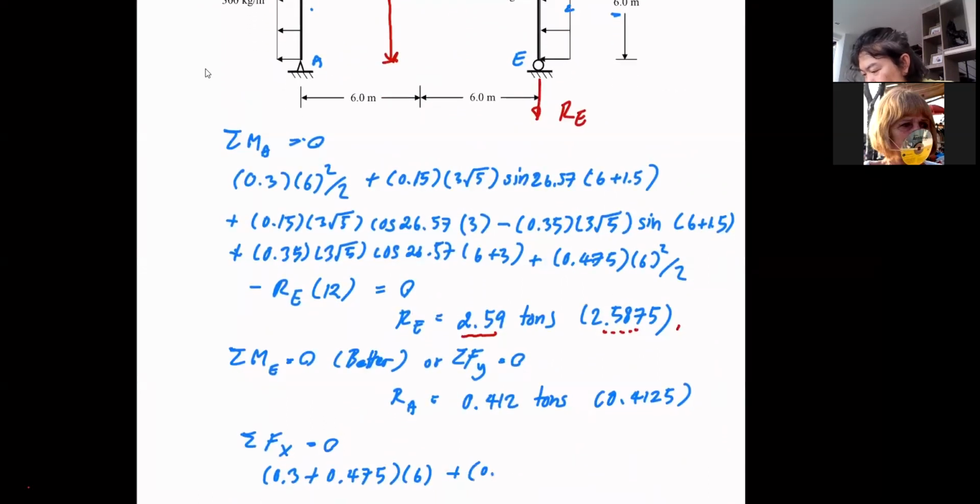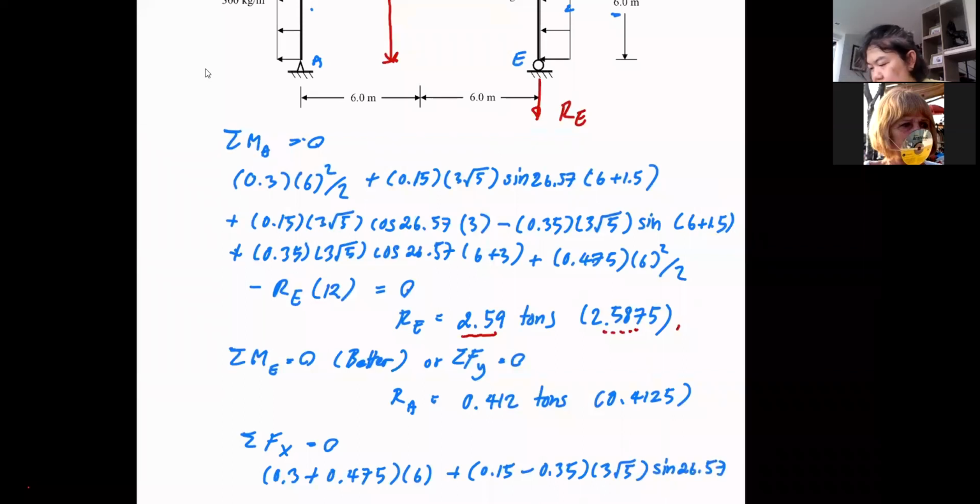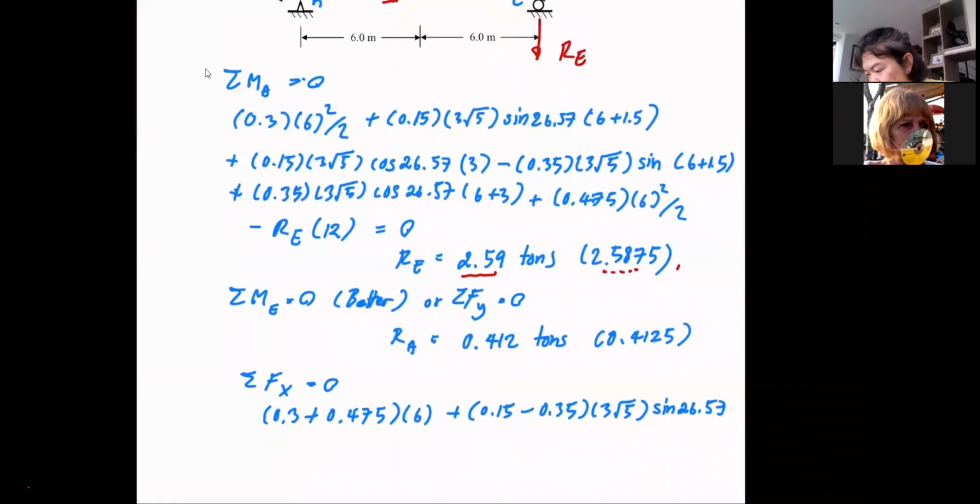Plus 0.15 minus 0.35, right? 3 square root 5, I suppose. Yeah. And sine term, 26.57. So that gives us the horizontal reaction equals 4.05 tons going to the right.